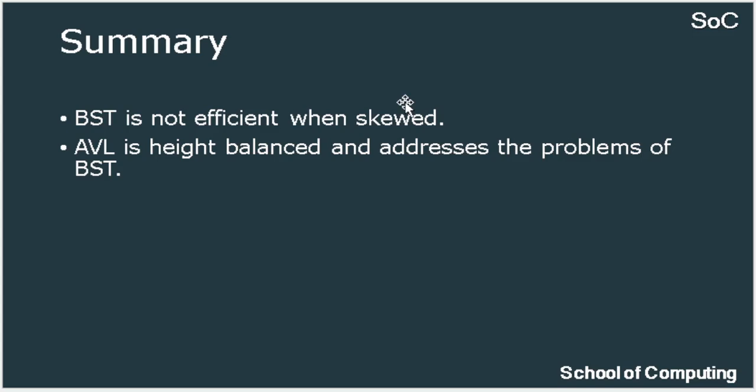In our next session we will implement all these things, meaning how we do a left rotation, right rotation, and how we find the height of a particular node. The entire implementation of AVL tree will be discussed in the next session using the C programming language. I hope you understood the limitations of BST and also how the problems of BST are addressed using AVL tree. Thank you.